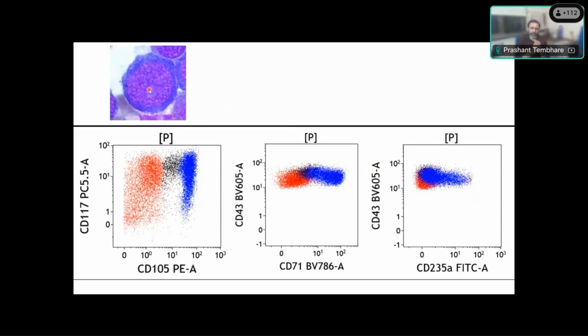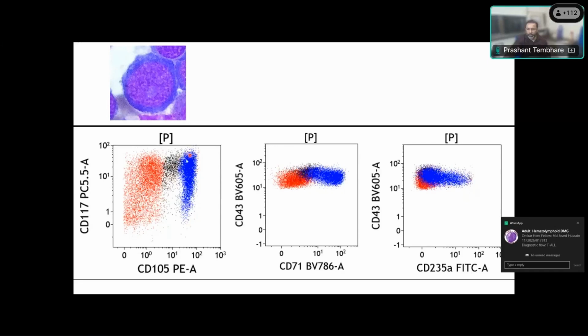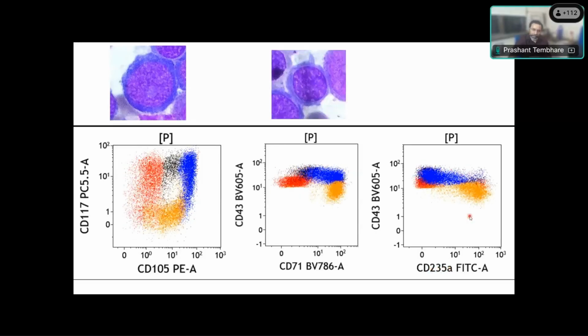Again, we are still talking about pronormoblast, because pronormoblasts can be differentiated into the earliest, the typical, and the intermediate pronormoblast. These pronormoblasts show strong expression of CD105 and strong expression of CD71, and at this stage the late pronormoblast also starts showing expression of CD235A. Next stage is the intermediate normoblast, showing the loss of CD117.